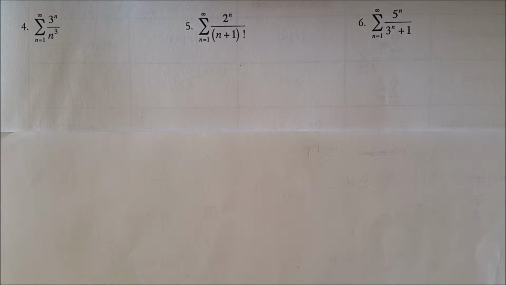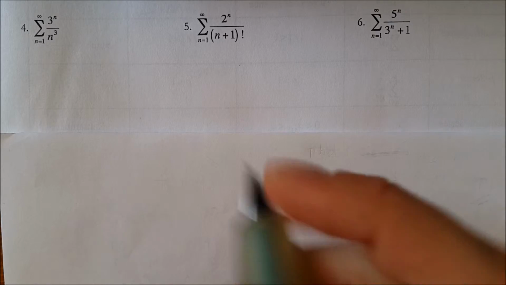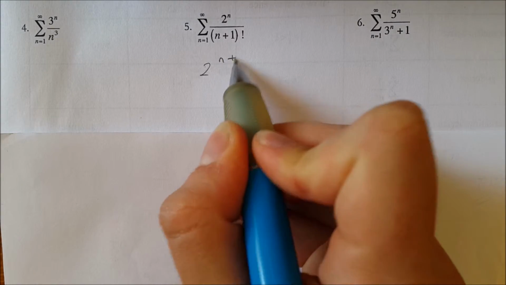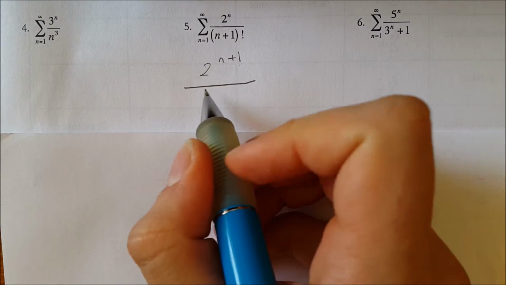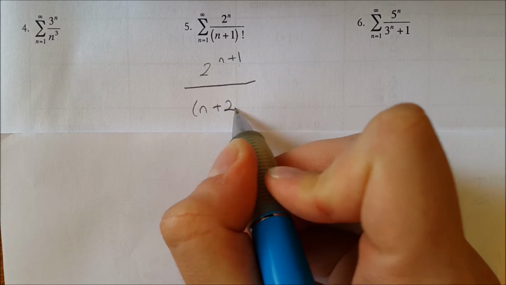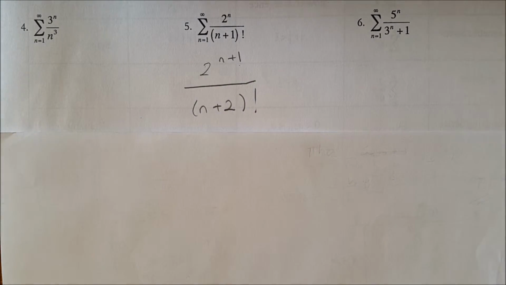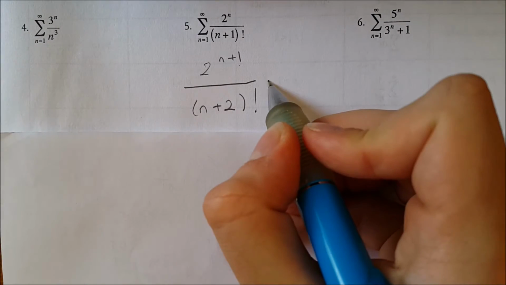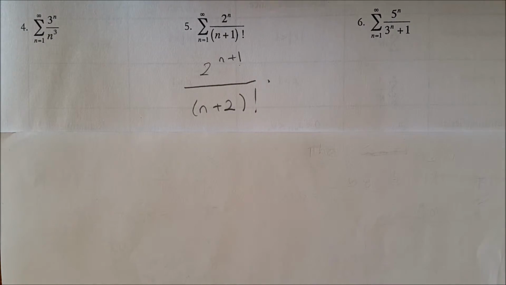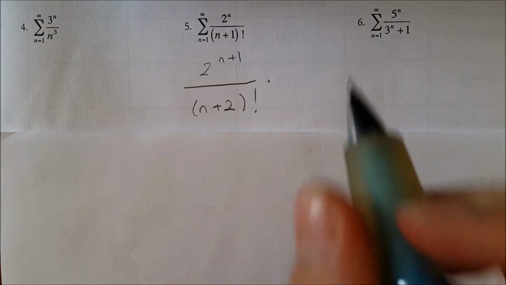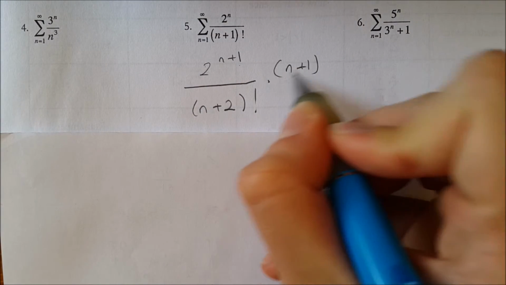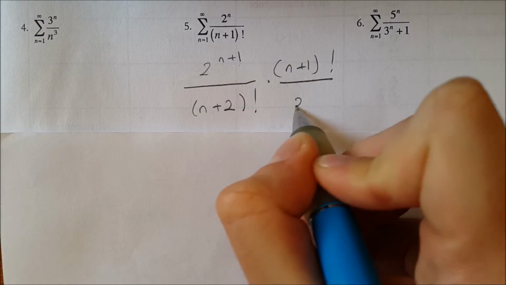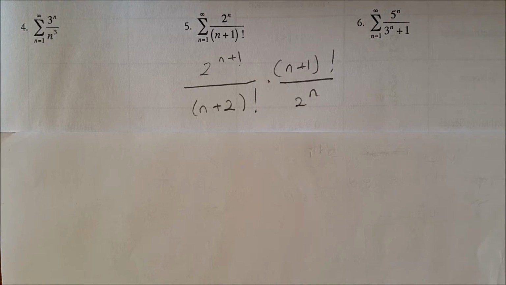In the ratio test, you put n plus 1 instead of n to see how the next term is acting. So in this case, we put n plus 1 on top, and n plus 1 in the bottom makes it n plus 2 factorial. Now we divide this, which means we multiply by the reciprocal of our function, which is n plus 1 factorial over 2 to the n.